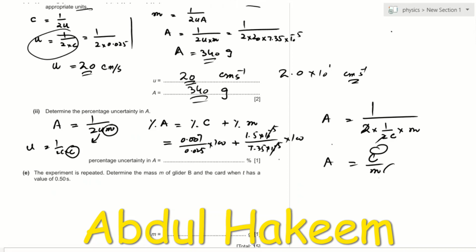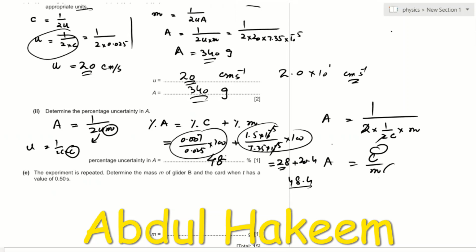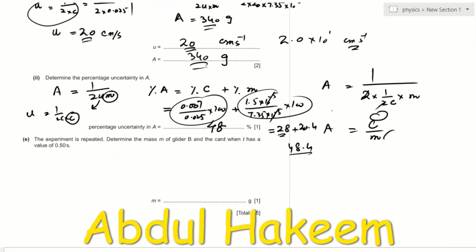After calculation, this is coming 28 and this is coming 20.4. So the total becomes 48.4. So we will write here 48%. Your answer will be different because you can calculate the best answer for the gradient by drawing the best line for the best fit and for the worst fit. So this is just the method of the calculation.